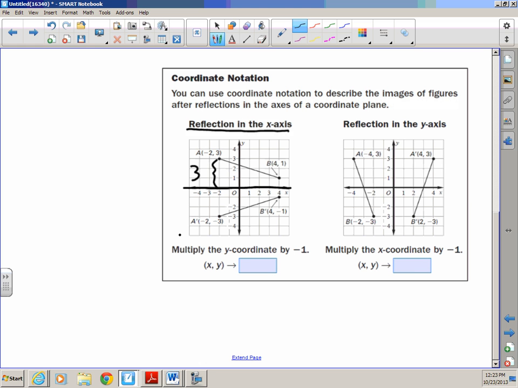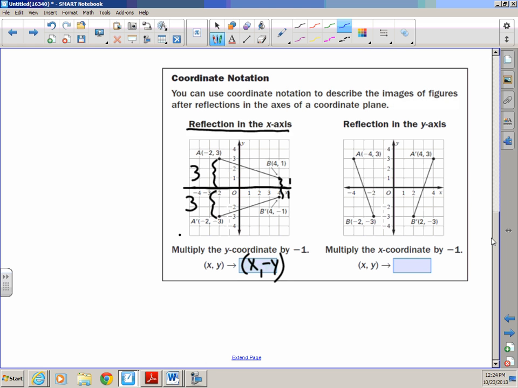So if I'm going to jump over it, I'm still going to be 3 units away, but just on the other side. B is 1 unit away. B prime is 1 unit away on the other side. If you look at the coordinates, the x-coordinates do not change, but the y-coordinates do, and they change their sign. Another way to think of a reflection in the x-axis is I just multiply the y-coordinate by -1.